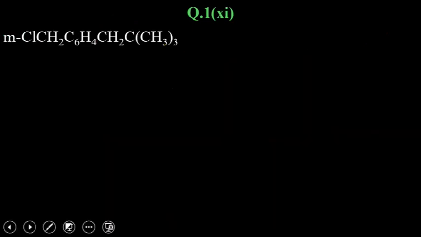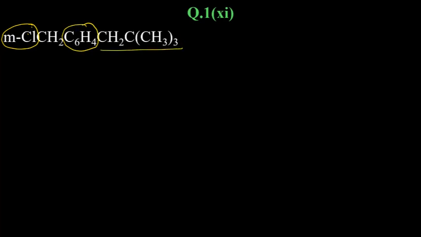Next. Now it is a similar one. Here chlorine is at meta position, and then you have the benzene ring. On the benzene ring, you have this configuration attached. So how will you draw it? This is the benzene ring.